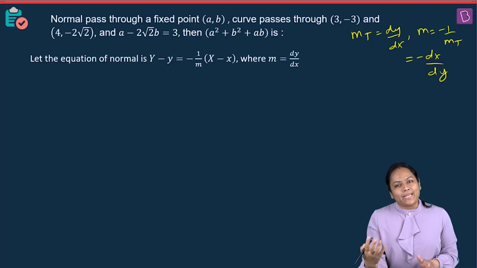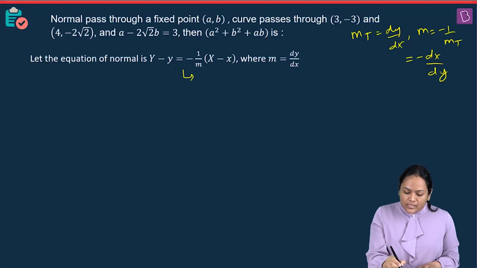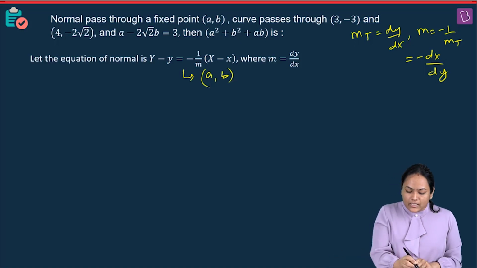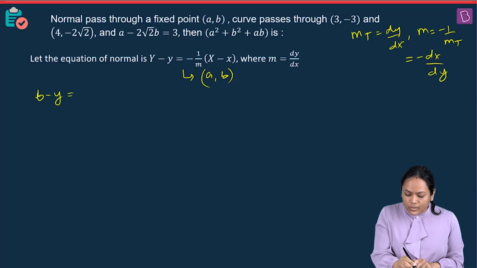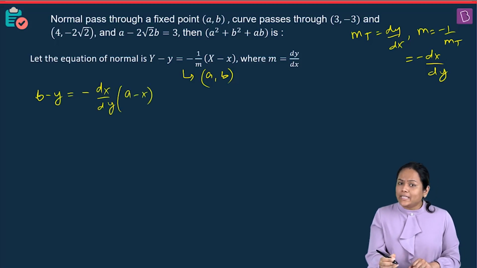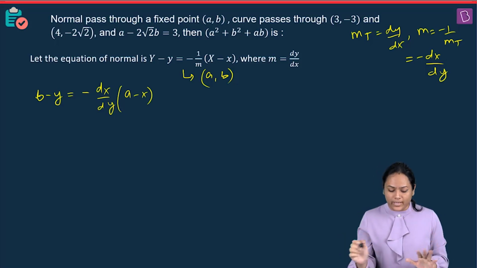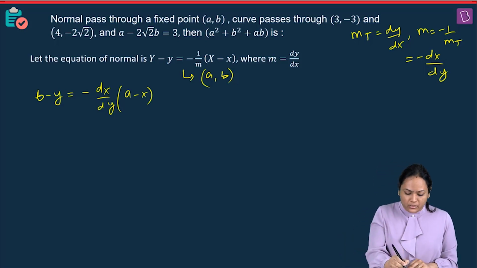So, this, let's say, is the equation of normal. At some variable point x comma y, I have to pass this through the point A comma B. So, when I do that, it is going to become B minus y is equal to minus 1 by m, which is dx by dy, multiplied by A minus x. And here I'm going to integrate to find a relation between x and y, or let's say to find the equation of the curve.